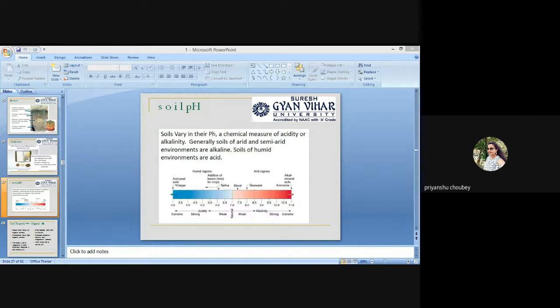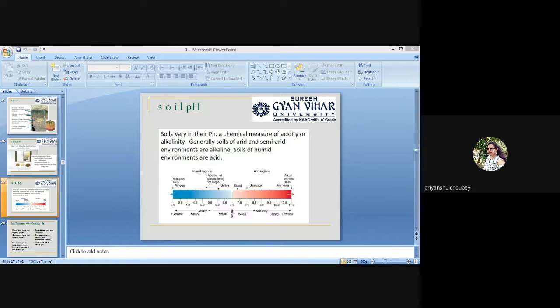In other words, the buffering capacity depends both on the size of the cation exchange capacity and on the extent to which it is saturated with cations other than hydrogen ions.